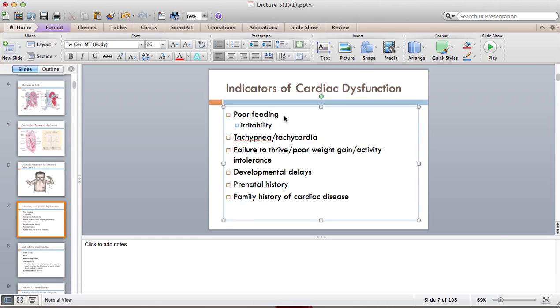Or maybe there is a family history of cardiac problems, and some of those problems can run in families.